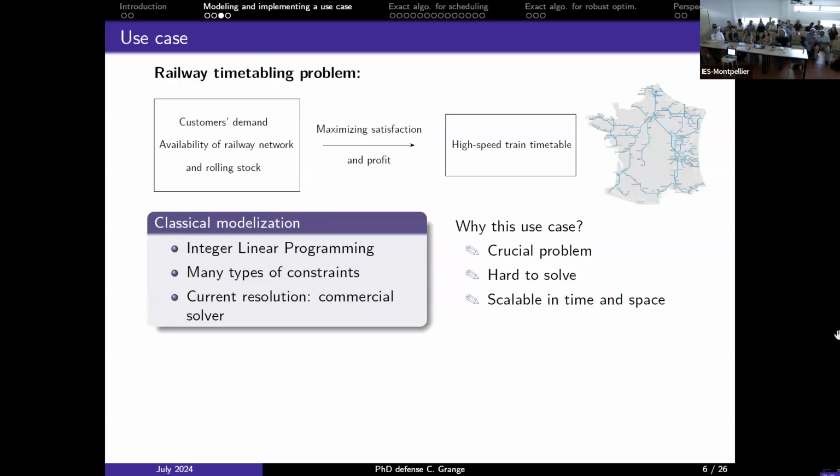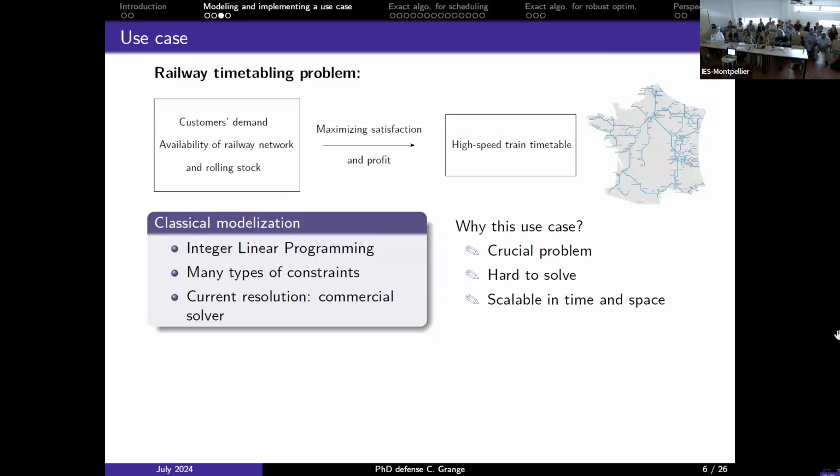So the question is, why did we choose this use case? Well, first of all, it's a really crucial problem for SNCF because this is solved years and years in advance, and then many other optimization problems result from this output timetable. For instance, the crew scheduling problem will be scheduled on the timetable found by this optimization problem.